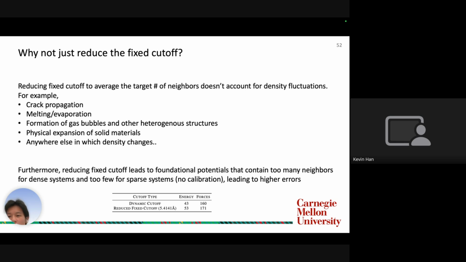So there's no calibration between dense and sparse systems. And this leads to significantly higher errors. Here, this is the TensorNet model that we trained on the MAT-PES dataset. And here's the dynamic cutoff result that I just copied from a previous table. And then here's the reduced fixed cutoff, where we calculate this reduced fixed cutoff to average 40 neighbors. And the training results are a lot worse as well.